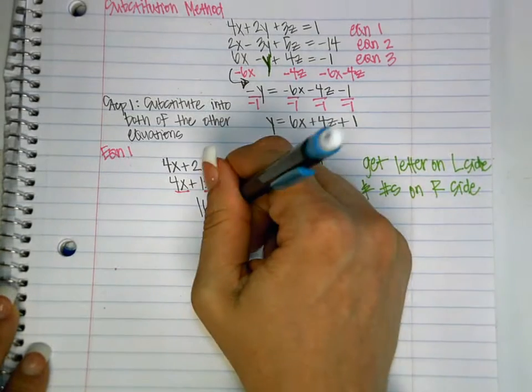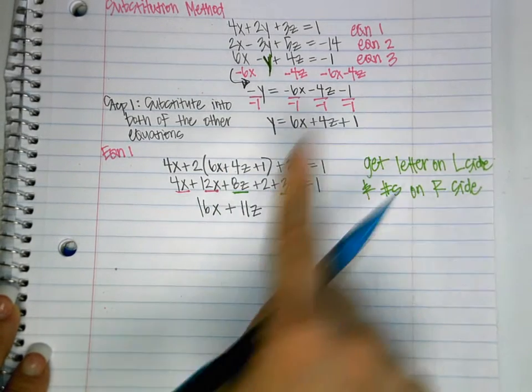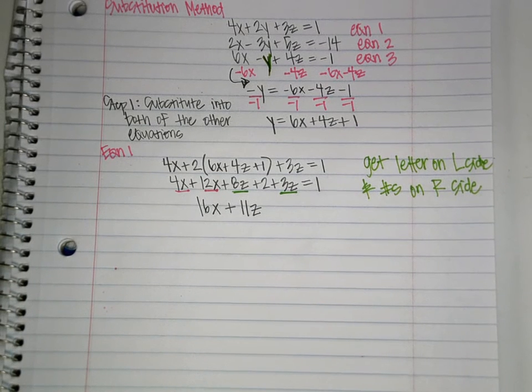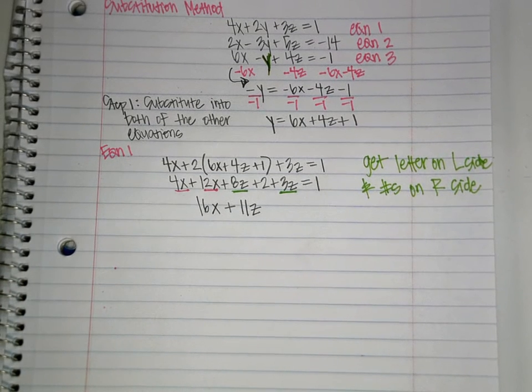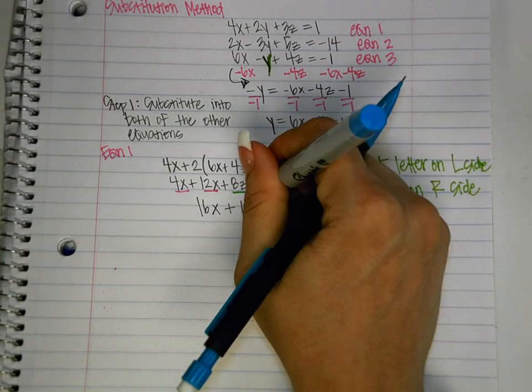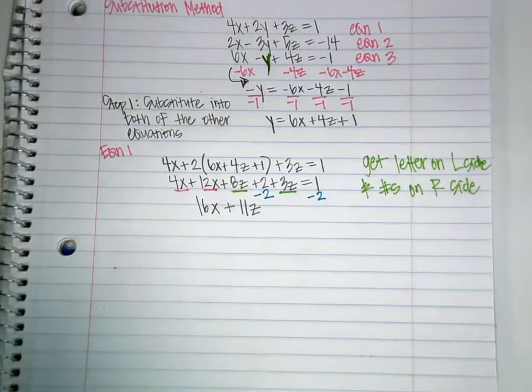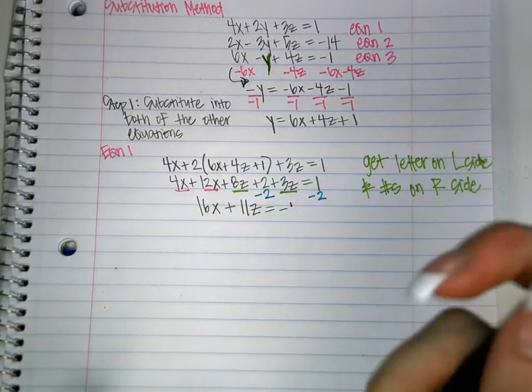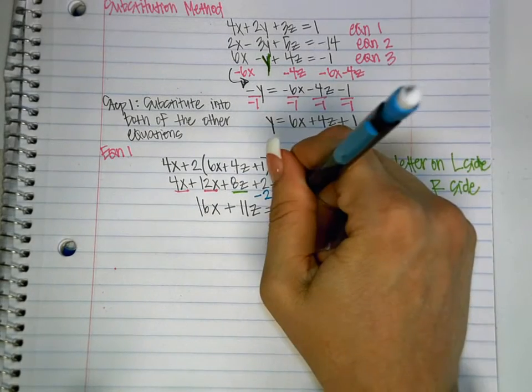So that's plus 11z. And we said to move the numbers to the other side, so I'm going to subtract 2. You can do that all in the same step, that's fine. So equals negative 1. So that's your first equation.